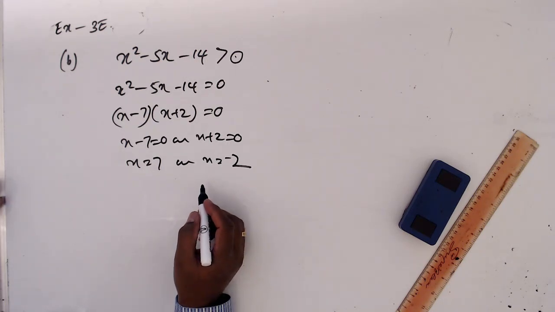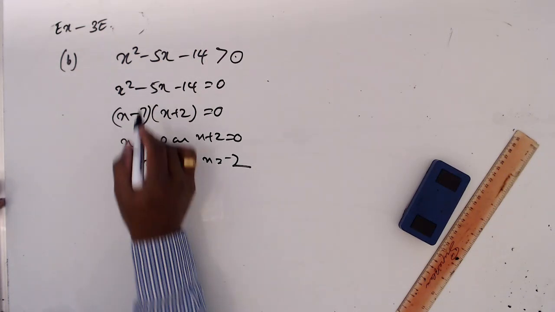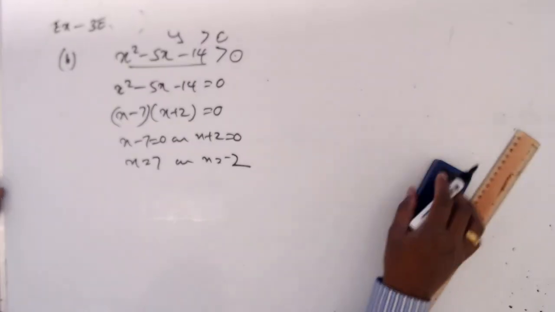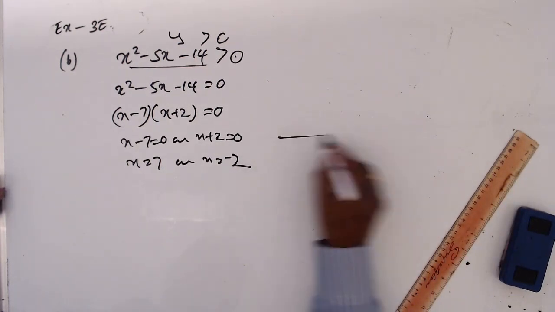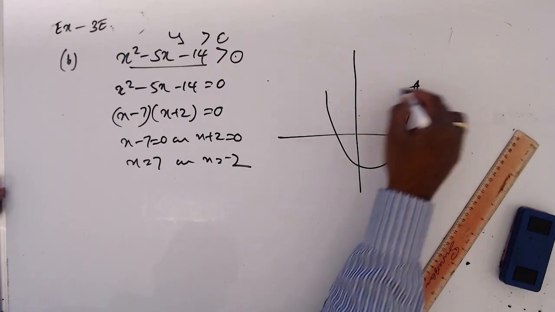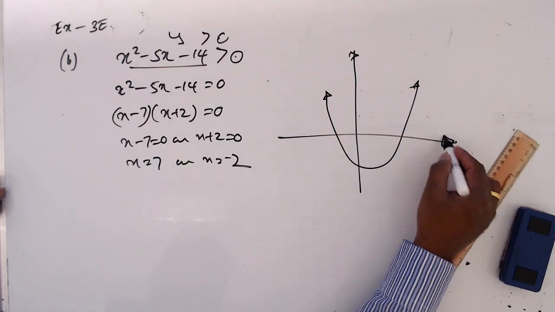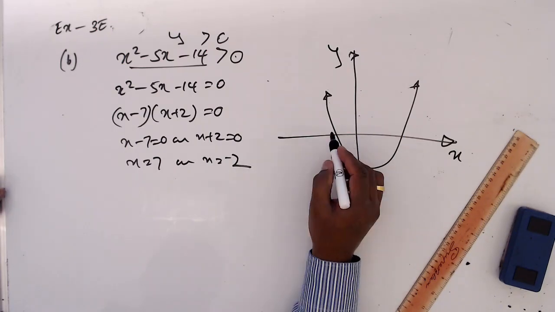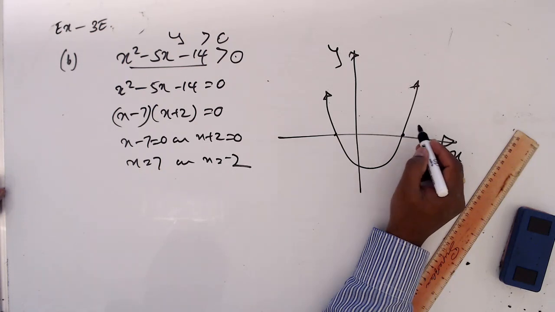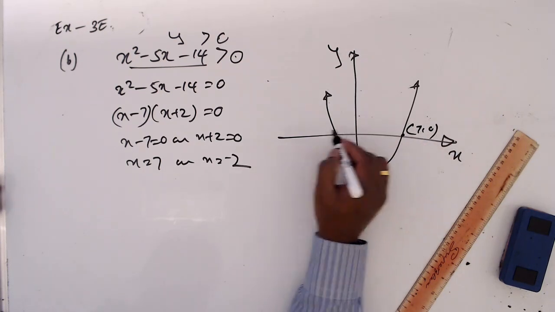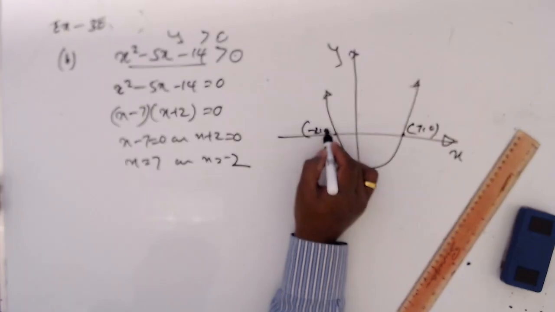So this is equal to y greater than 0. We'll draw the graph now. This is x and this is y. This is 7, 0. This is minus 2, 0.